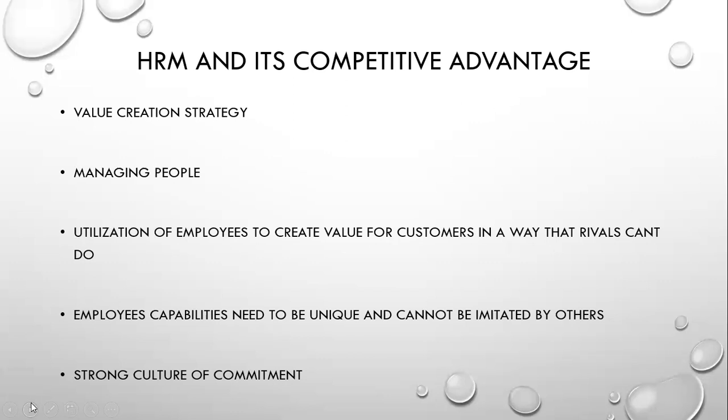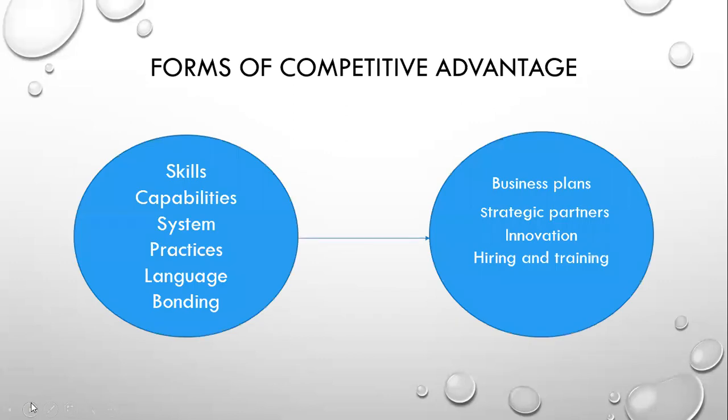By which the company can create a strong culture of commitment, and also the employees in the organization will be unique when compared to the other organization, right? This is what comes under competitive advantage. Now the forms of competitive advantage, you can see here.